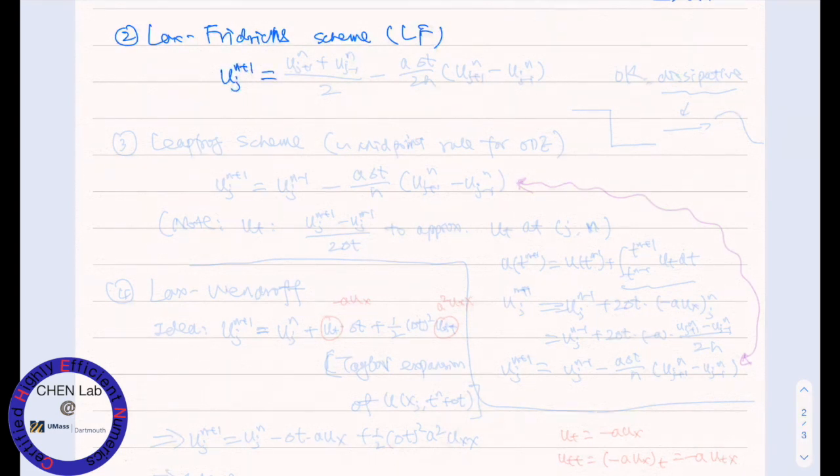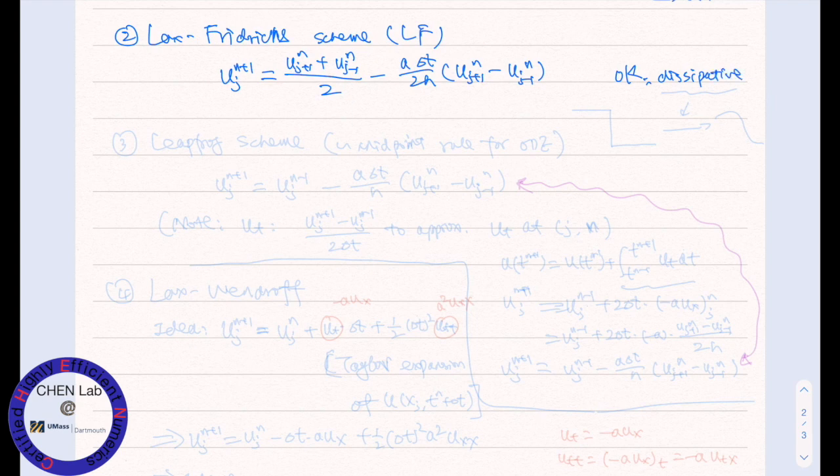We replace u_j^n by the average of u_{j+1}^n and u_{j-1}^n, minus the same fixed term, a delta t over 2h times (u_{j+1}^n minus u_{j-1}^n). That's the so-called Lax-Friedrichs. This one is okay, but it is dissipative.